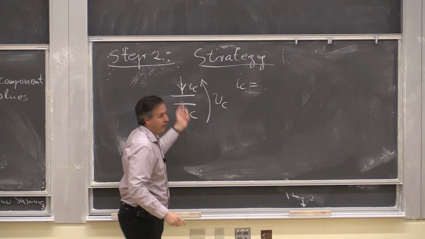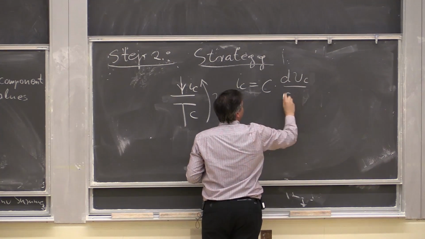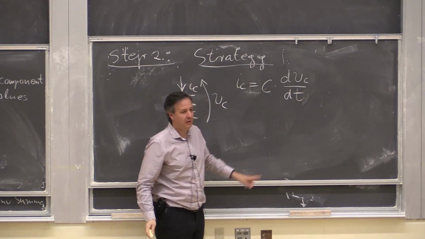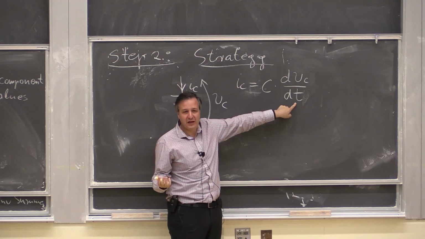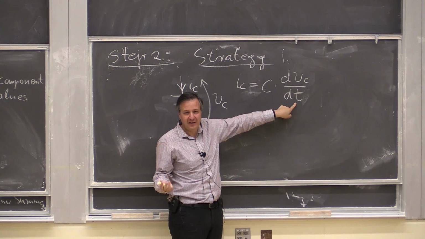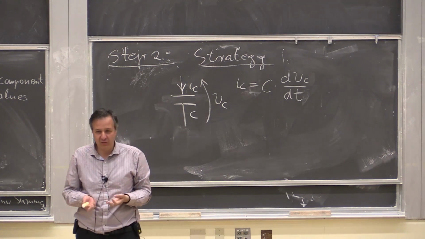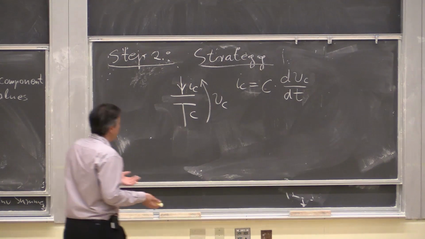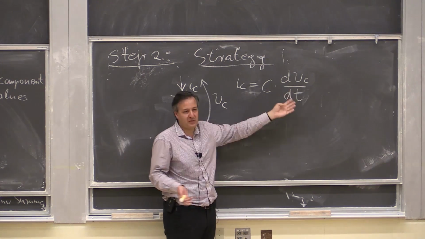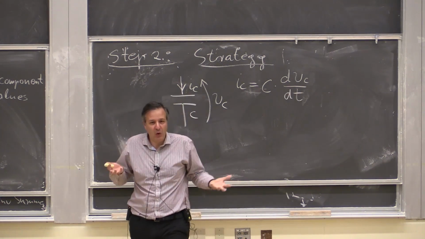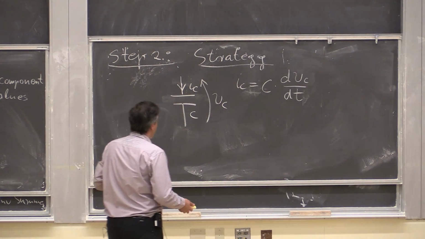IC in this scenario is defined as C times delta VC over delta T. You see this delta T? That gives you a hint that this element has something to do with time, so I can use it to get some notion of time. Resistor, Ohm's law has nothing like this, so there's no way to get time information out of it. But out of capacitors, you can.